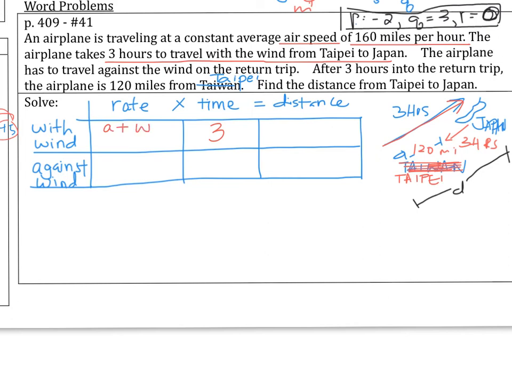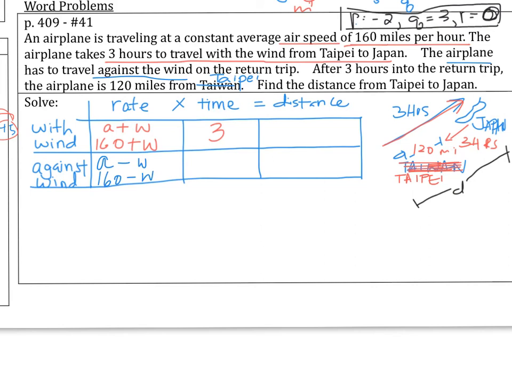So the airspeed is given, 160 miles per hour plus W. We don't know what the wind speed is. And this airplane has to travel against the wind on the return trip. So we can represent that as a minus W. So 160 minus W means against the wind.